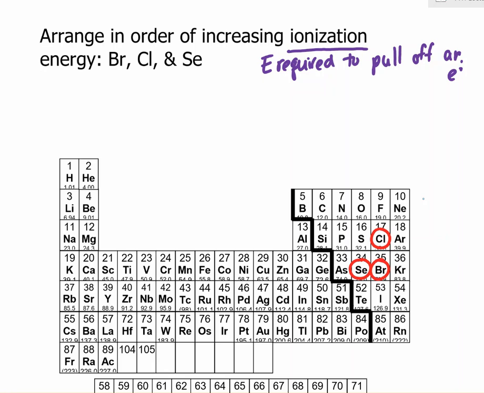So going up and down, of course, the trend is that the ionization energy is higher at the top, so it increases going up, because the electrons are closer to the nucleus.